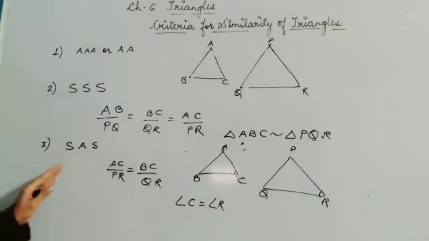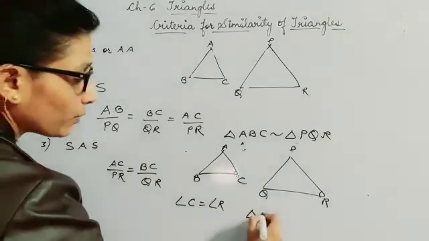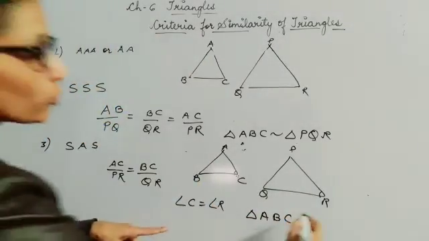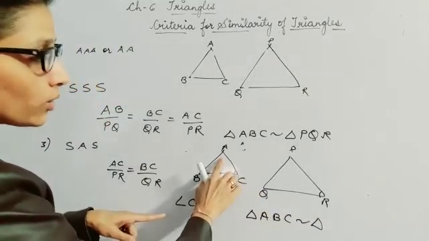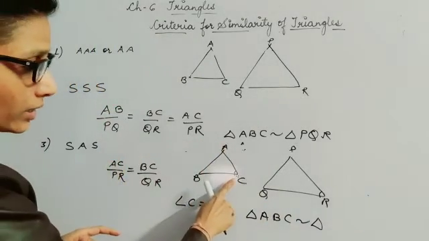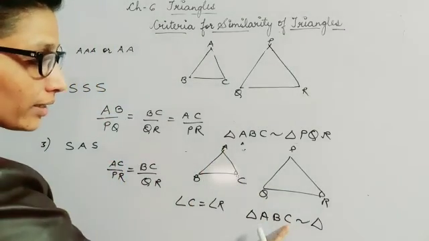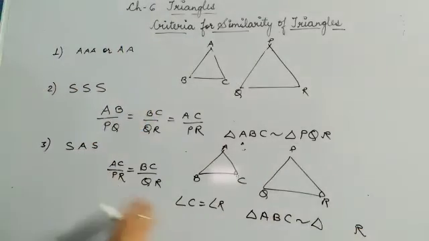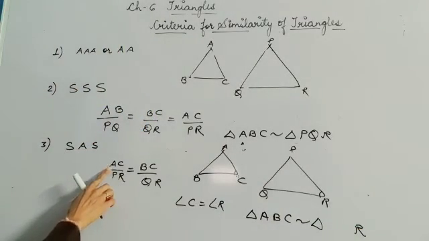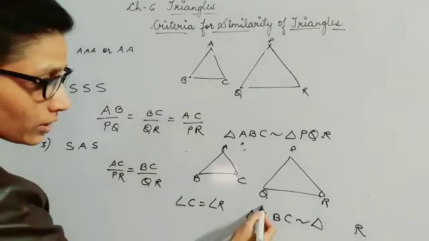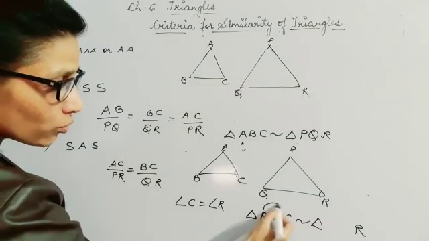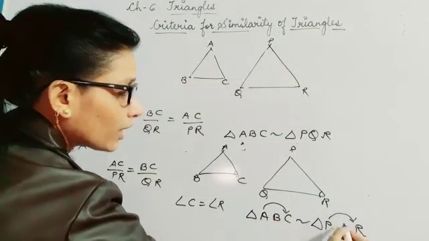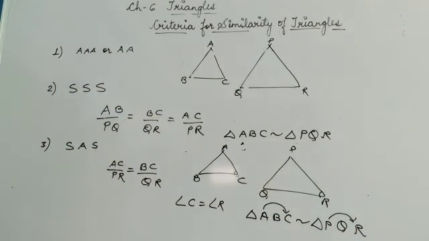So here I can say now triangle ABC is similar to, now which triangle will you be writing here? A is equal to, that you don't know, angle C you know, C is there at the third position. That means at last I will be writing R. But then I have written here AC by PR. That means AC, A to C I am moving, so I will be moving it like this only, P, R. So I will be writing Q in between.